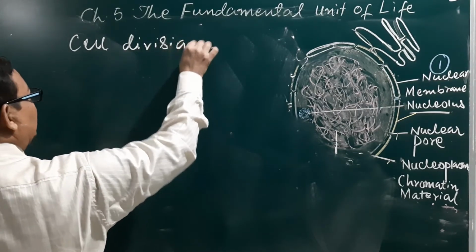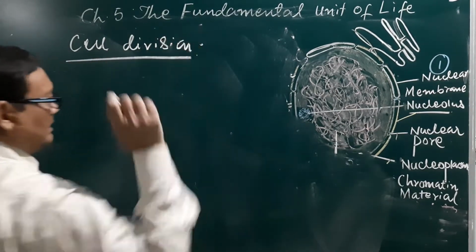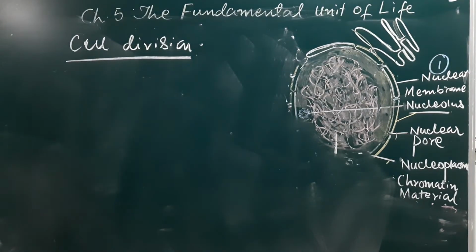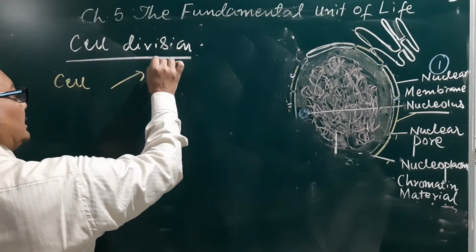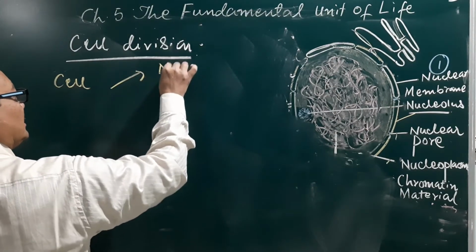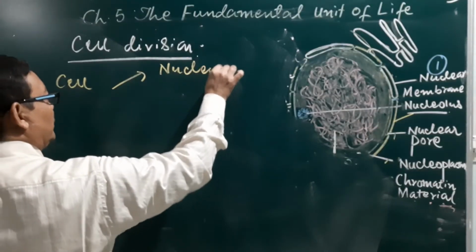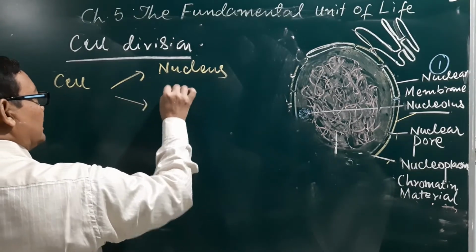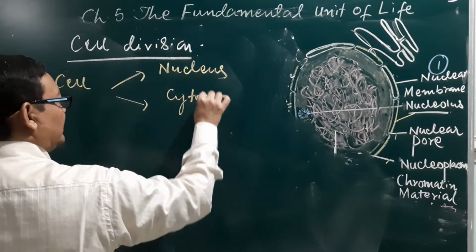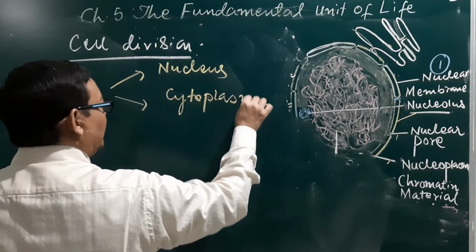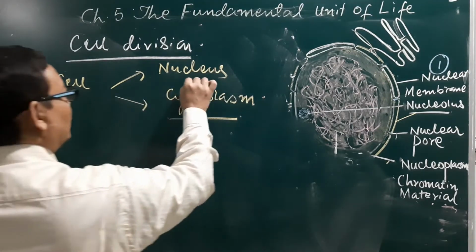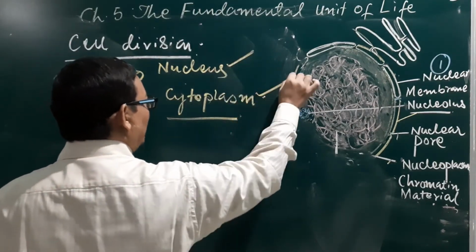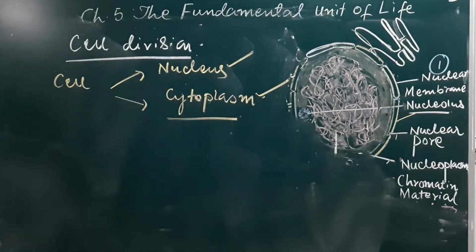Cell division means the division of a cell. And if you are talking about the cell, that means you are talking about the nucleus and you are talking about the cytoplasm. That is why when we talk about cell division, we are talking about the division of the nucleus and the division of the cytoplasm.